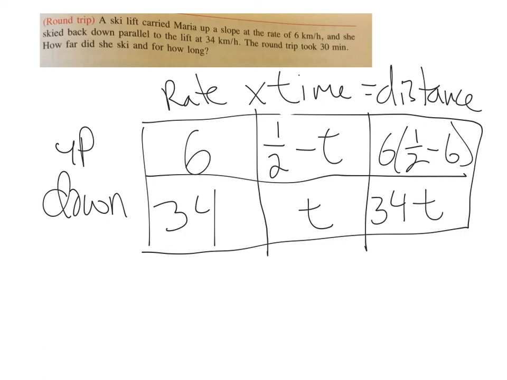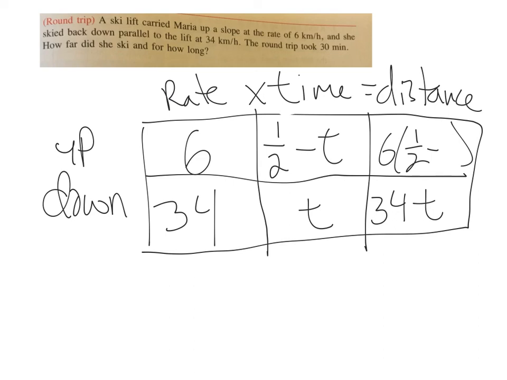Now again, the point of this is figuring out how these two distances relate. How far is it up versus how far is it right back down? Well, if she's going up and back down the same mountain, parallel paths to each other, it's going to be the exact same distance, right? She's going up the mountain, she's coming right back down the mountain. So their distances are going to be equal, so we can just set them equal to each other.